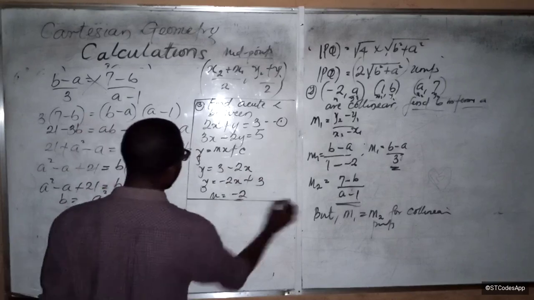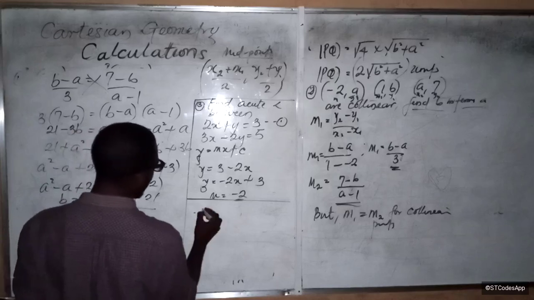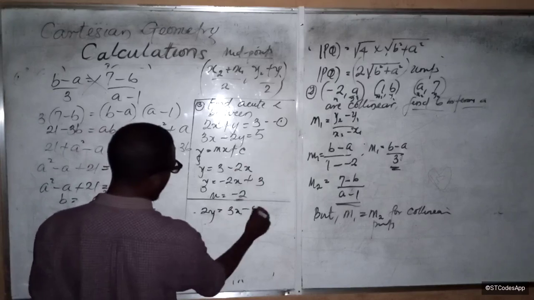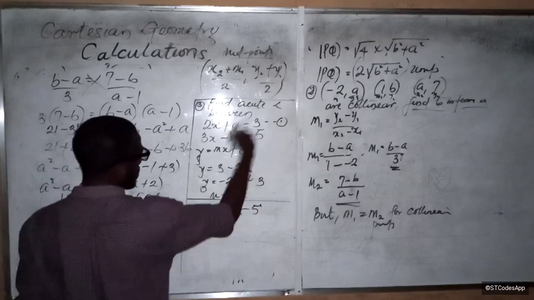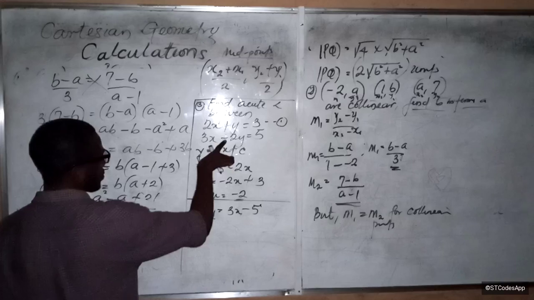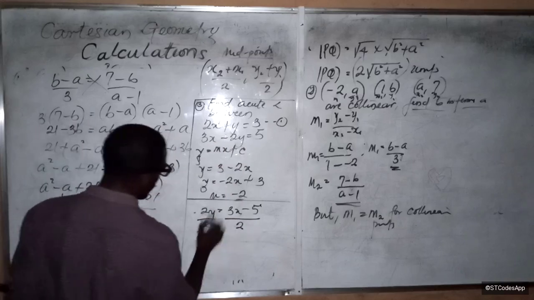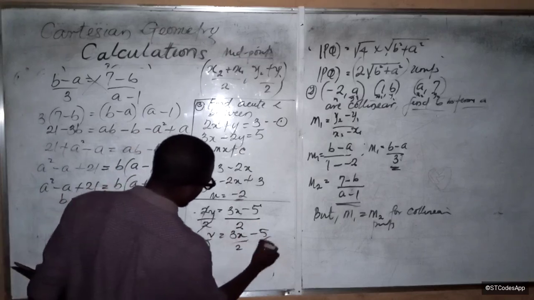For equation 2, we have minus 2y, or let's make 2y go there, equal to 3x minus 5. Is that okay? This one came here, minus 5. This one went there, 2y. Divide both sides by 2. So we have y equal to 3x over 2 minus 5 over 2.